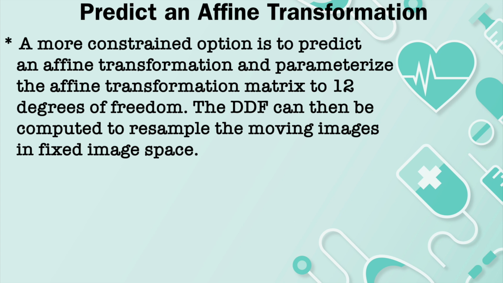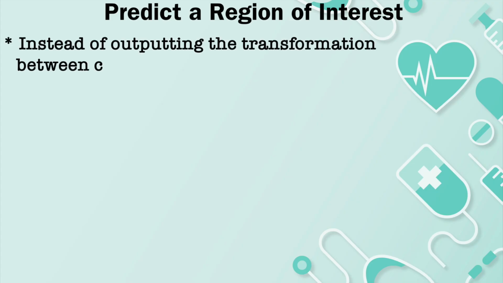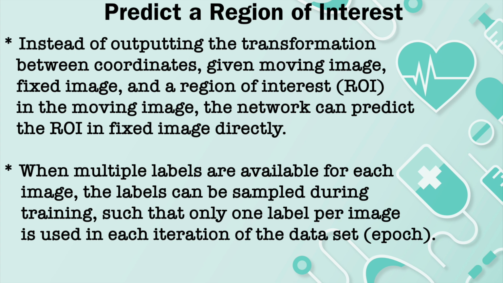The DDF can then be computed to resample the information of the moving image in the fixed image space. Predict a region of interest. Another option is to output the transformation between coordinates given a moving image, a fixed image and a region of interest, which should be called the ROI.